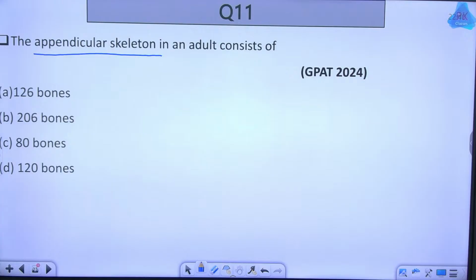Among these, the appendicular skeleton will consist of 126, and the remaining 80 bones are present in the axial skeleton. Okay?